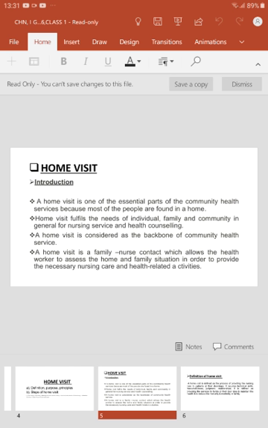Once they communicate with those people, we can understand the needs of the individual, family or community, and what nursing care we can give. That's the introduction to home visit.